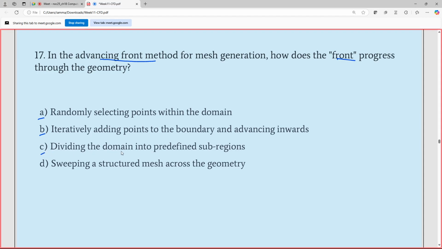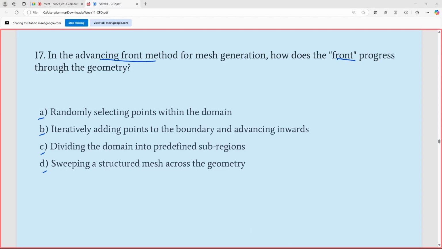Option C, dividing the domain into predefined subregions. Option D, sweeping a structured mesh across the geometry. Try to answer the question, inbox your answers.